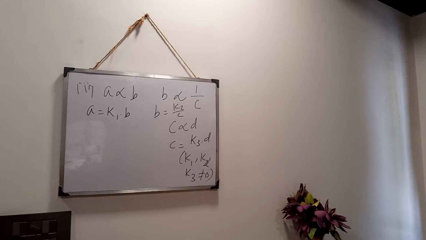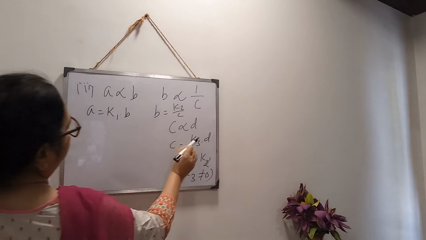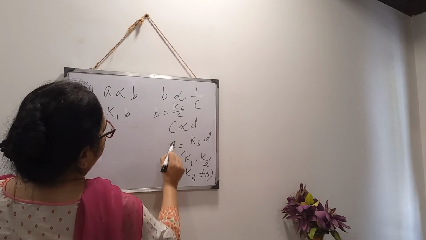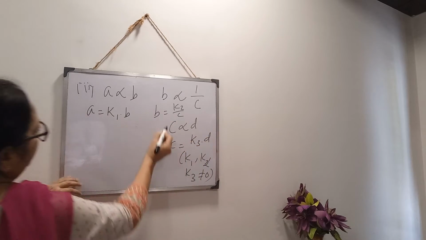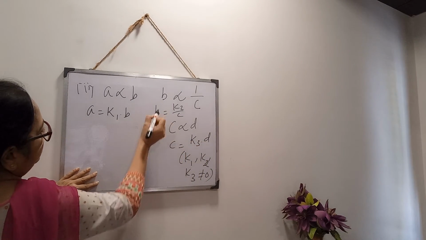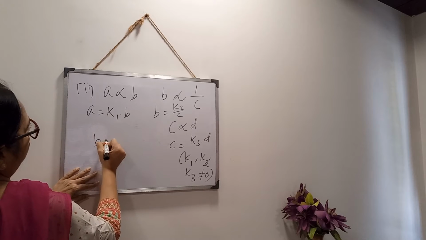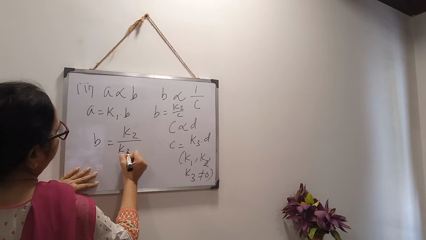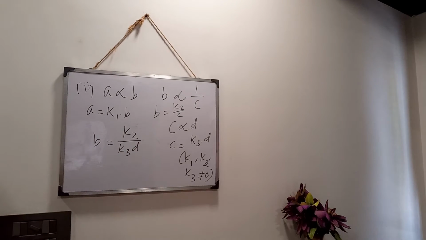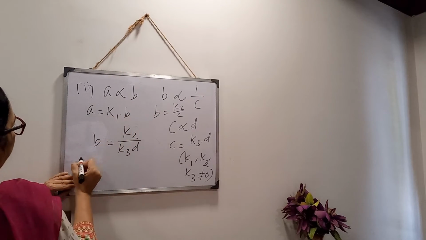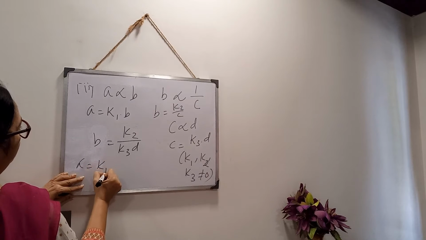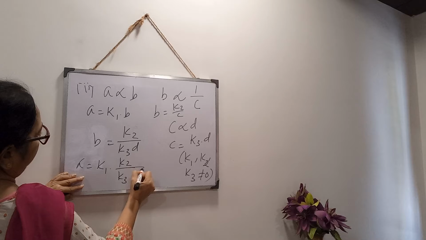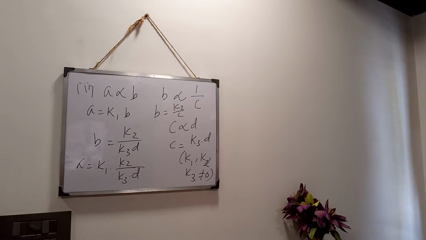Now we have to find the relation between A and D. Step by step: B equals K2 by C, and C is K3 D. So A equals K1 into B, which means K2 by K3 into D.